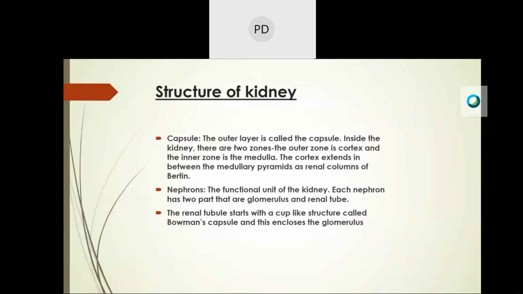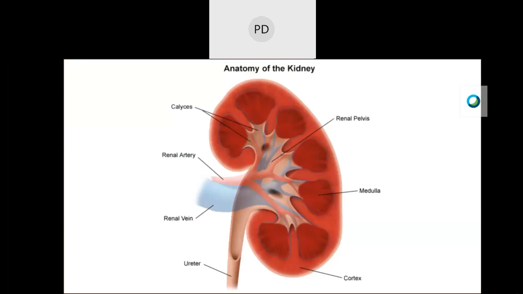The outer zone is cortex and the inner zone is the medulla. The cortex extends in between the medullary pyramids as renal columns of Bertin. Nephron. The functional unit of the kidney. Each nephron has two parts, that are glomerulus and renal tubule. The renal tubule starts with a cup-like structure called Bowman's capsule, and this encloses the glomerulus.